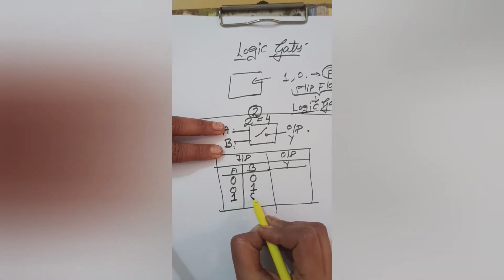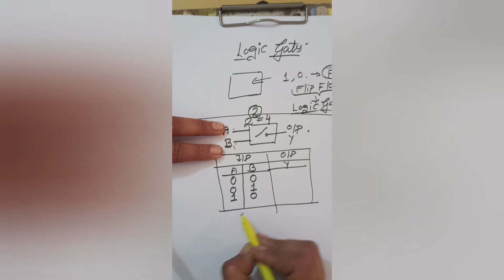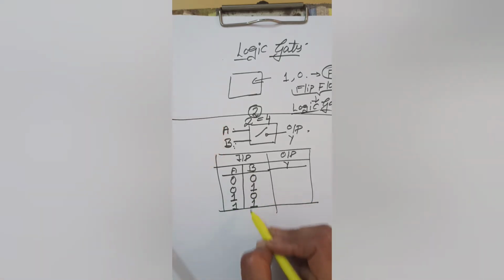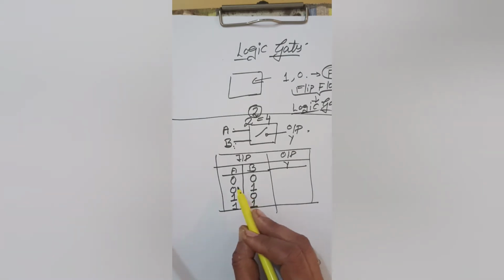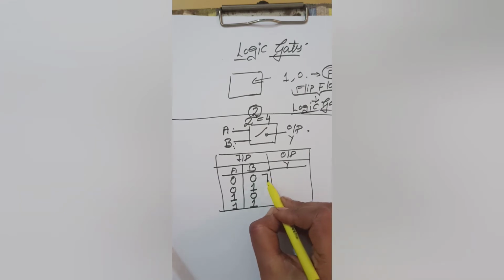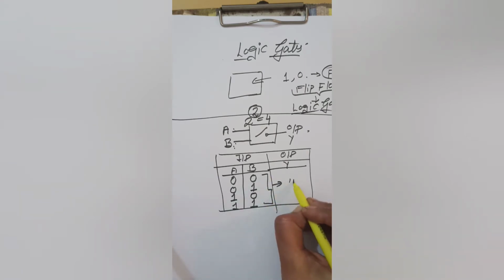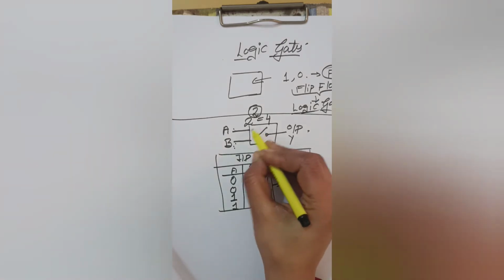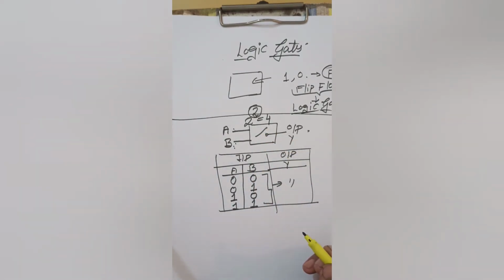First one will be 1, another one will be 0, and the last will be 1 versus 1. So the possible combinations will be 0 0, 0 1, 1 0 or 1 1. So what will be the concerned output for these combinations? That depends on which logic gate I am going to use. So it is clear to all.